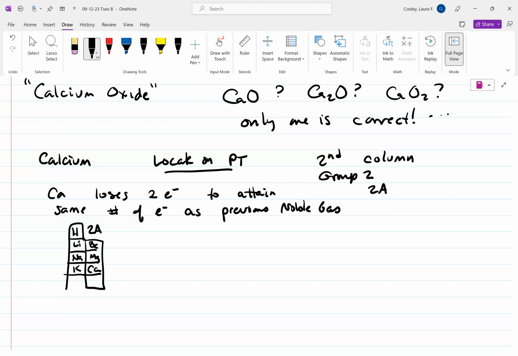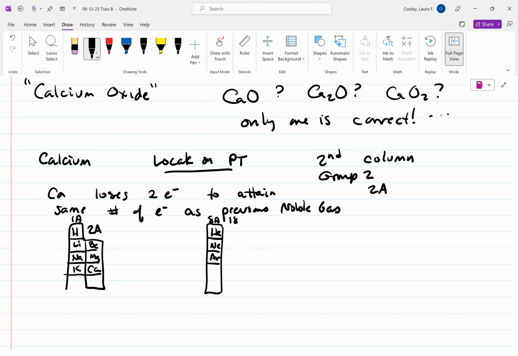That's this side of the periodic table, 1A, 2A. On the other side of the periodic table, I don't believe I'm drawing this, but what the heck? Helium, this is 8A or 18, depending on the numbering system. We have Ne and Ar. So here we have calcium.